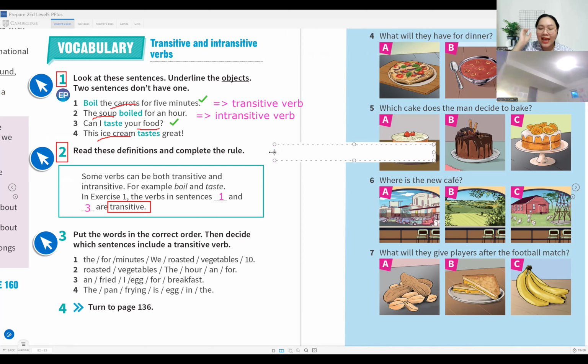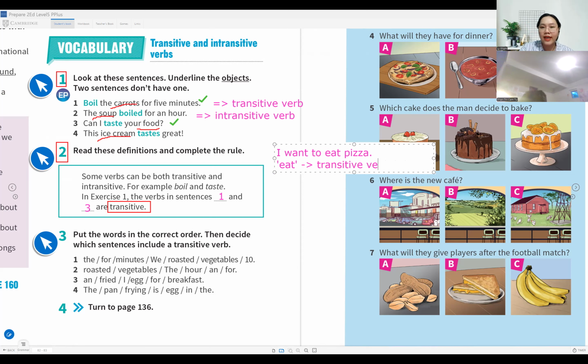For example, I can say, I want to eat pizza. In my sentence, eat is the main verb, and after eat, I have an object, pizza. Pizza is an object. It comes after the main verb. So at this time, eat is a transitive verb.